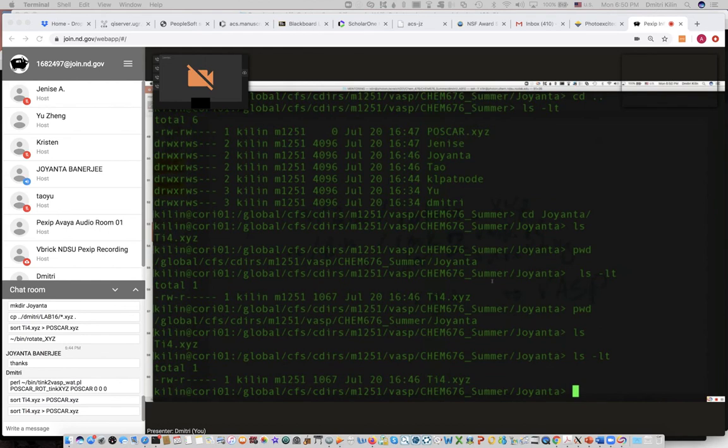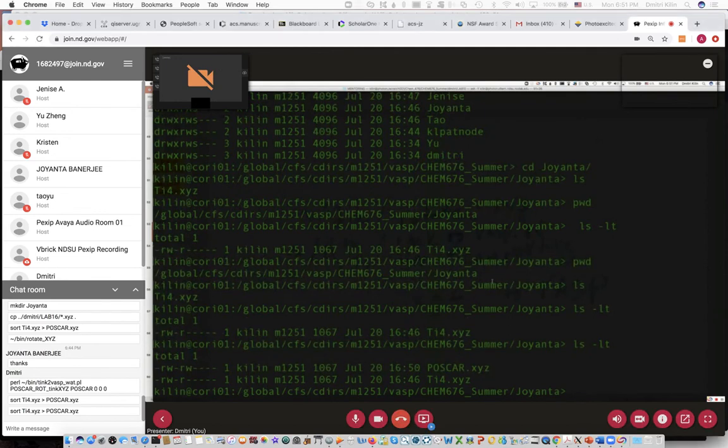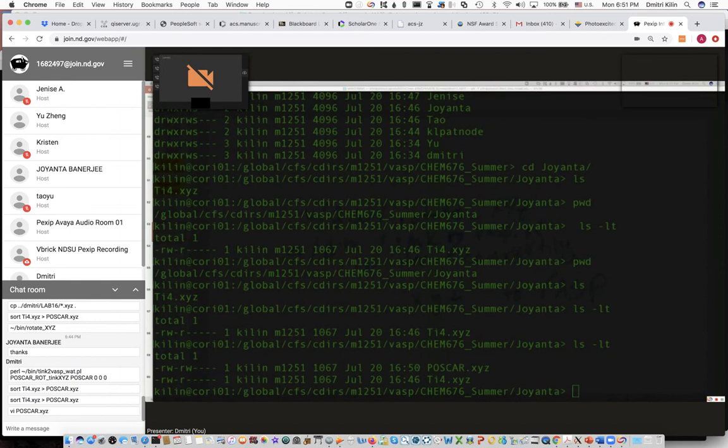Yes, this line, copy paste. Just wait, copy. Yeah, postcard where that came TI4 XYZ. Okay, very good. I see you did it. Now you need to type vi space postcard.xyz. Good, please write here vi. Yes, vi space postcard.xyz.